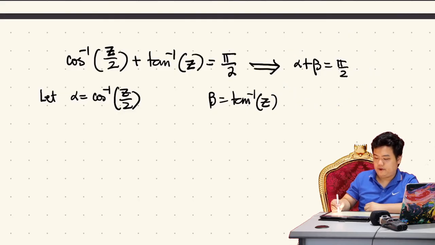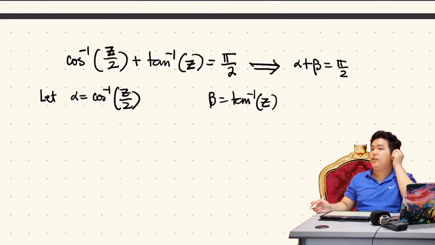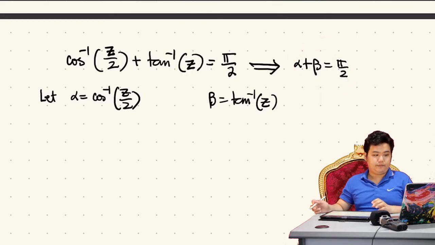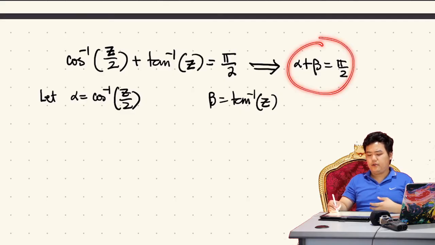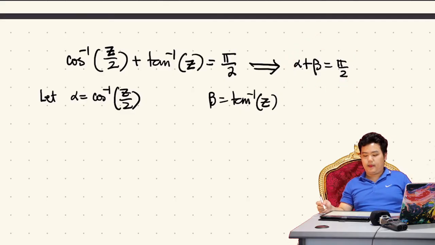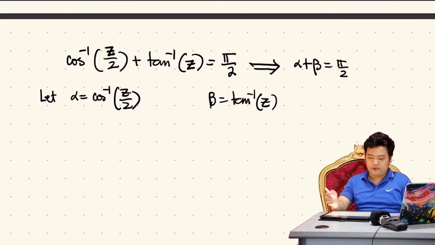Okay, so ito na yung sinusolve natin. Okay? So, what you can do is you can take sine of both sides, cosine of both sides. Pero parang mas maganda ang cosine kasi when you get the cosine of pi over 2, it's 0. Okay, let's try.